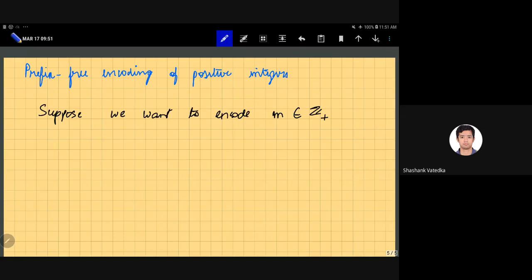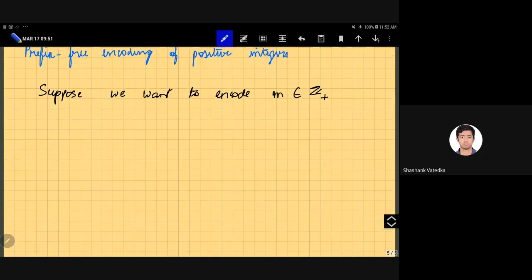If we know that m lies between 1 and n, then you can store m using log n bits, but that is not efficient, because if there are no bounds on m, then in general it could be wasteful to do fixed length encoding of m.